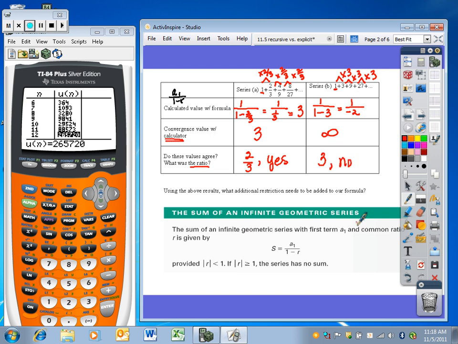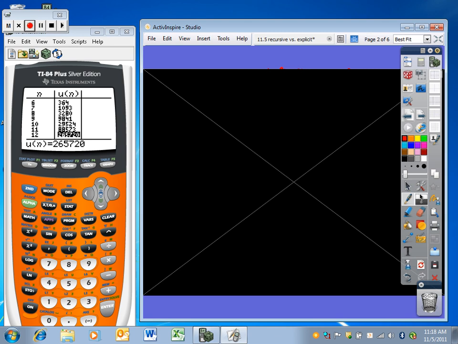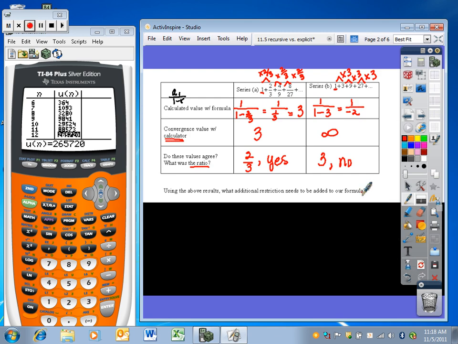No. So what that means is I now have a few more restrictions on my original formula. Not only can the ratio not be 1, but how does 3 compare to that?